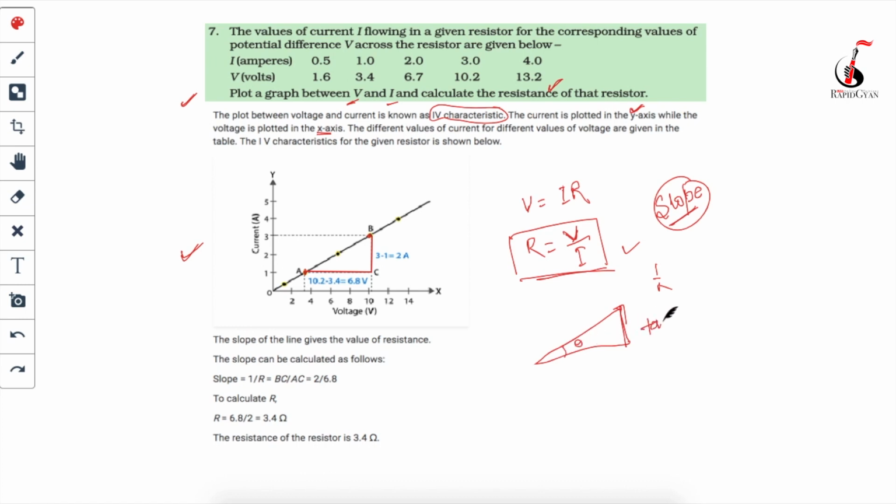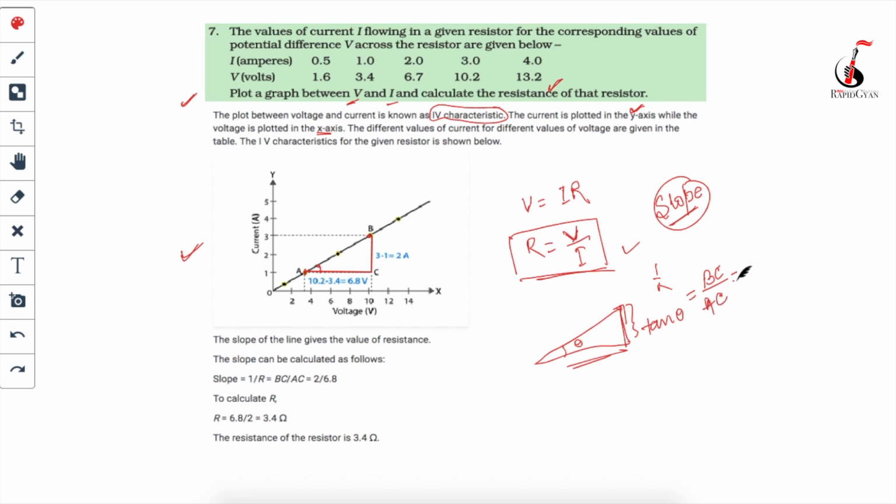So slope is nothing but tan theta, which is equal to your perpendicular upon base. So in this case, this is the angle we take, so your slope will become BC upon AC. You will study this in more detail in the next class, or in the trigonometry chapter in maths, you might have studied this. Okay, so this is your BC upon AC.